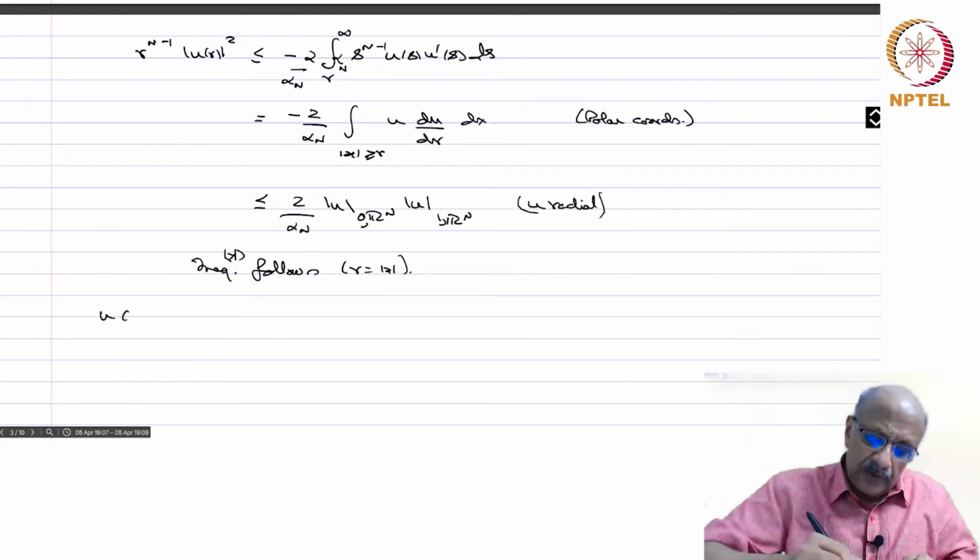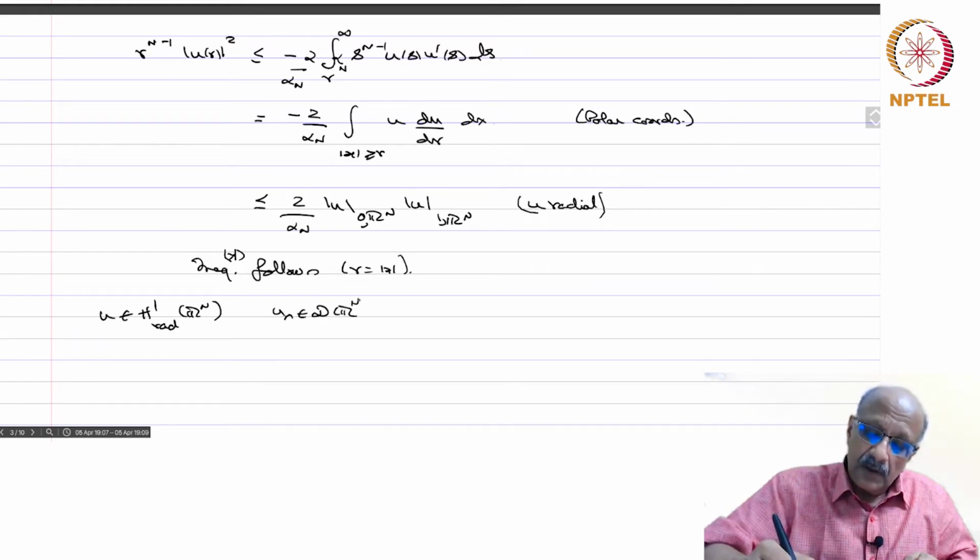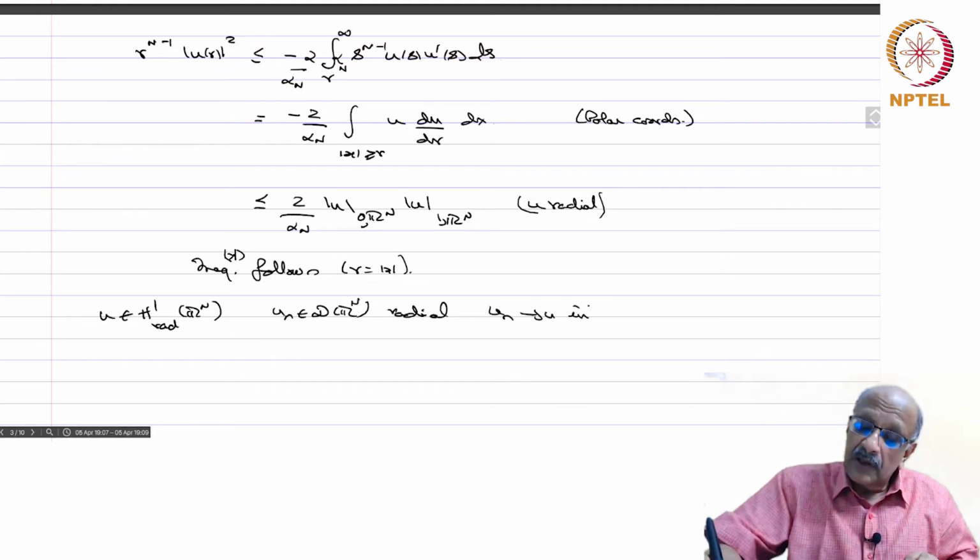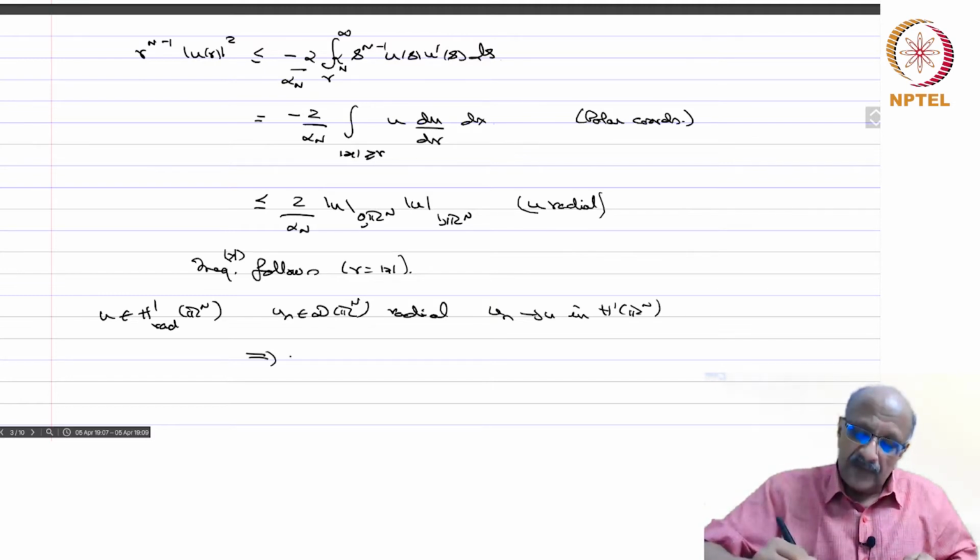So if u is in H1 radial of Rn, then you have un in D of Rn radial and un converging to u in H1 of Rn, which implies star is true by density.